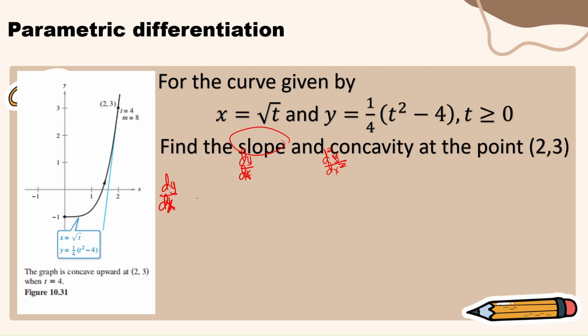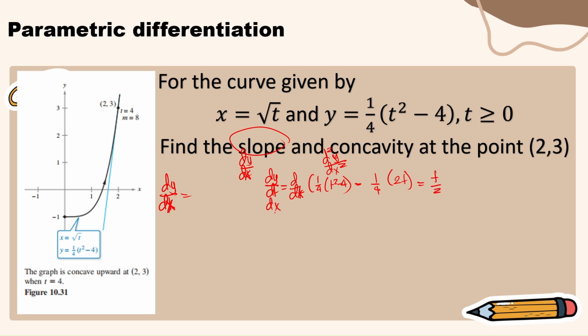So, to get dy over dx, we should get dy over dt. So, what is dy over dt? That is simply d over dt of 1/4 of t squared minus 4. And that would be 1/4 of 2t minus 0. Or to simplify that, that will be t over 2.